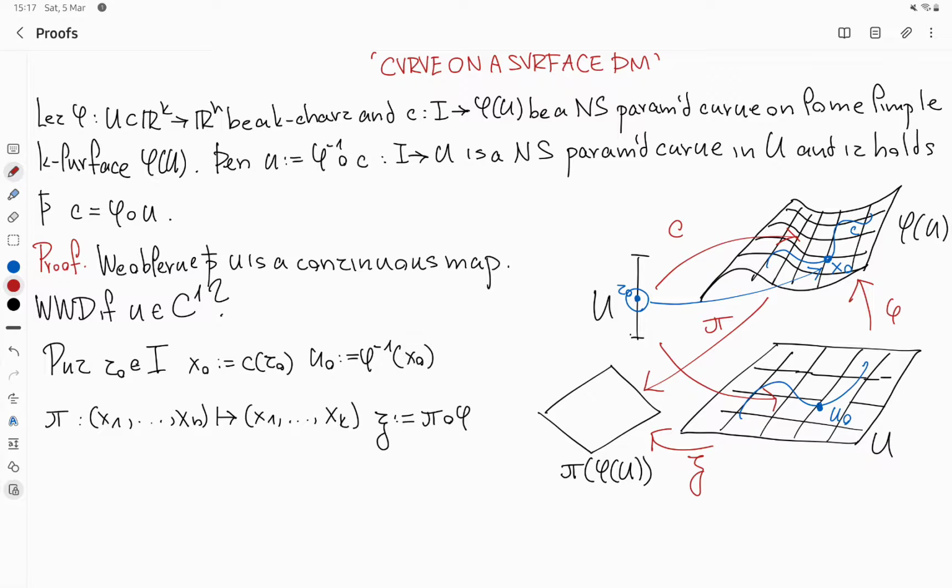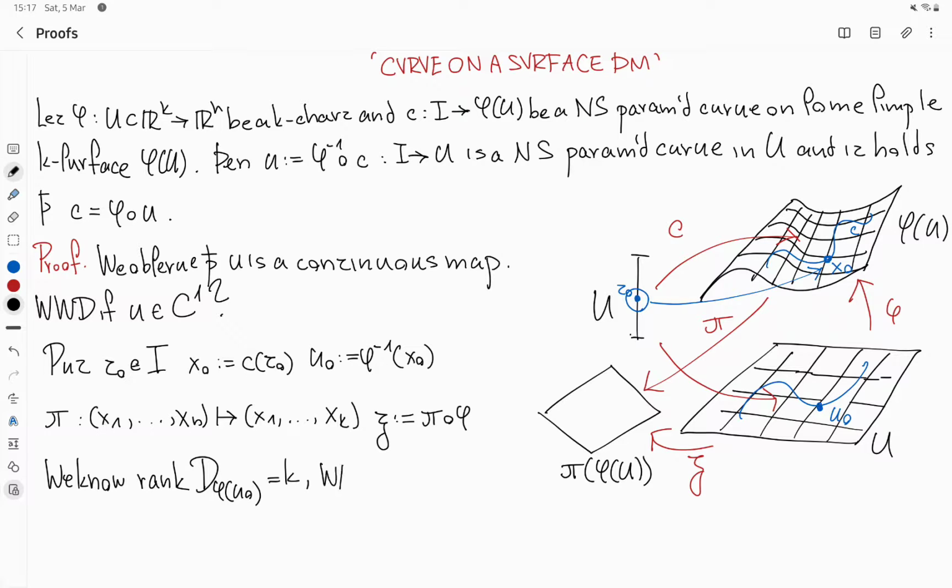Okay, now without any loss of generality, we know the rank of the Jacobian of phi at U is k, because phi is a k-chart.